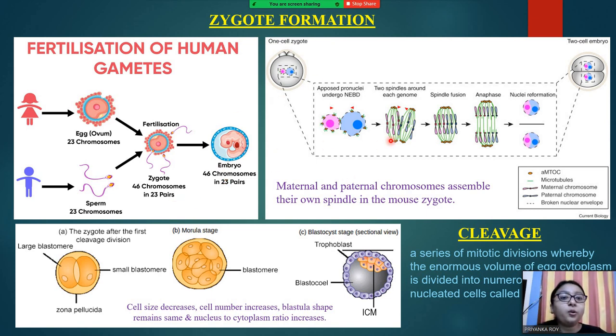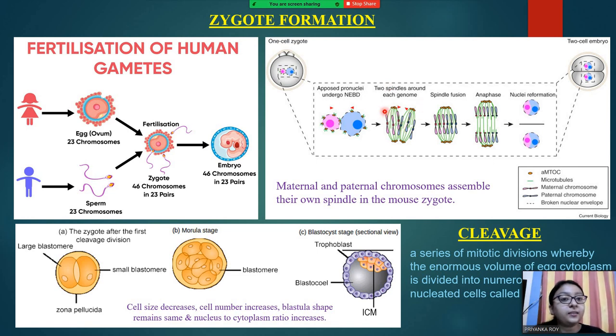In the case of the mouse zygote, it is seen that the two nuclei, known as the male pronucleus and the female pronucleus, undergo nuclear envelope breakdown. After the nuclear envelope has broken down, two spindles are formed separately around each genome.